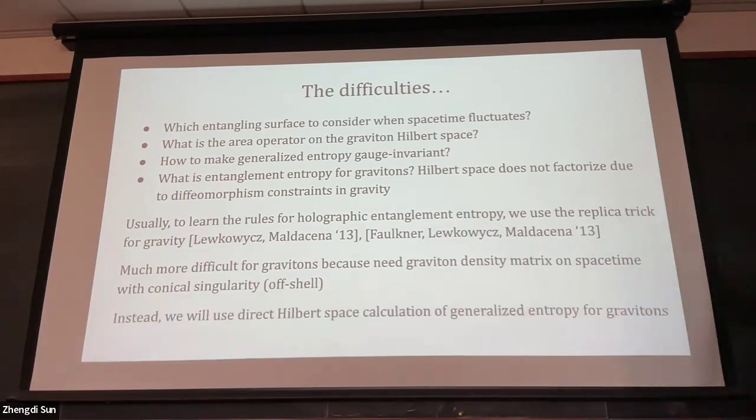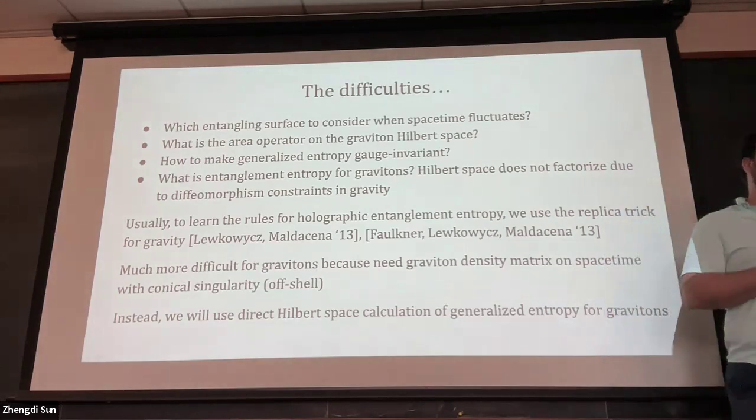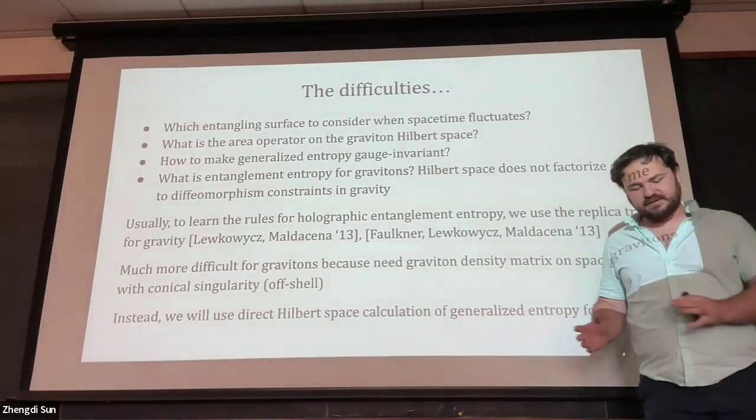So instead, what we're going to do today is just do a direct Hilbert space calculation of everything. So we're not going to have any path integrals today. Everything will just be Hilbert space calculations of entropies, areas, and so on. And we'll see how to get a match. Let me say that these three requirements that I had on the first slide, that it be gauge invariant, that it agree with the CFT, and that it be area plus bulk entanglement, that turns out to be non-trivial.